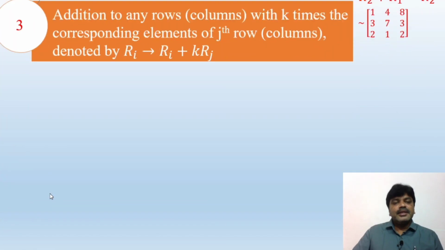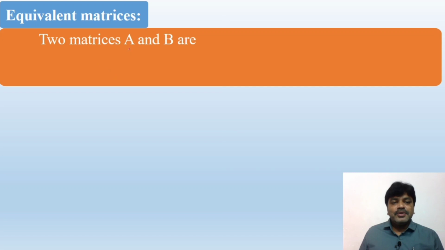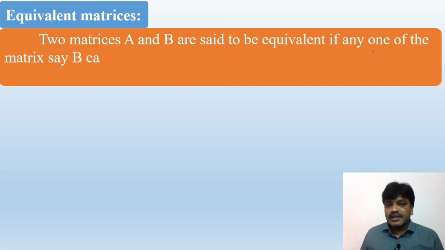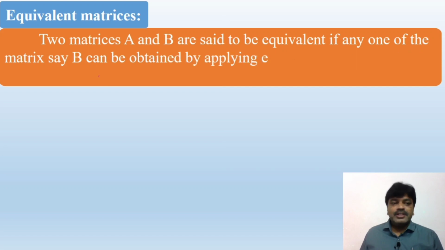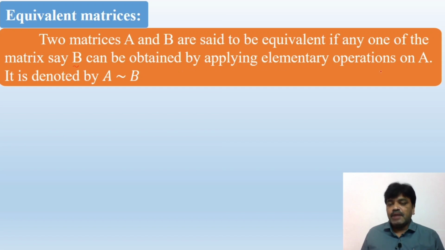Let us see the equivalent matrix definition. Equivalent matrices: two matrices A and B are said to be equivalent if any one of the matrices, say B, can be obtained by elementary operations on A. We apply elementary operations, friends, on A, then we get the matrix B. So it is denoted by A ~ B. This is the equivalent symbol, friends.